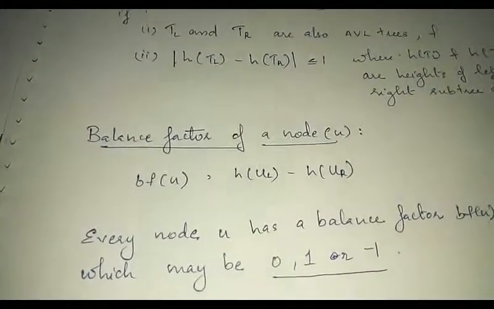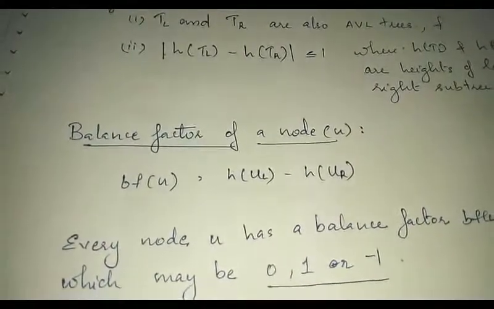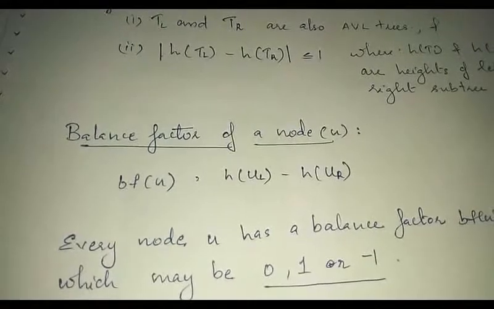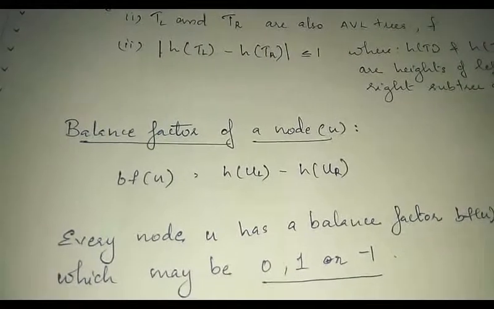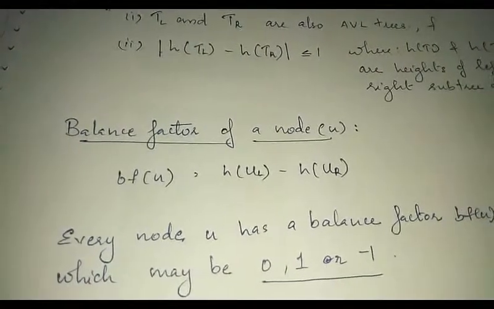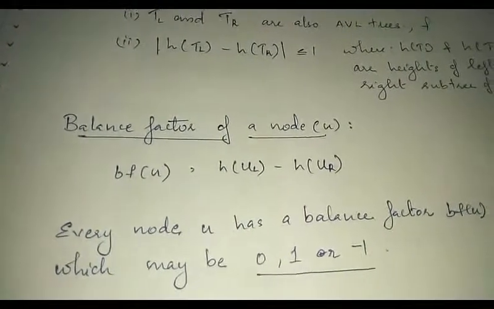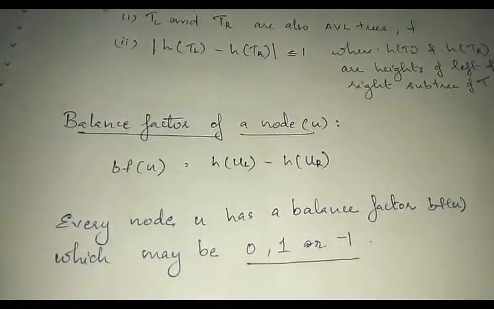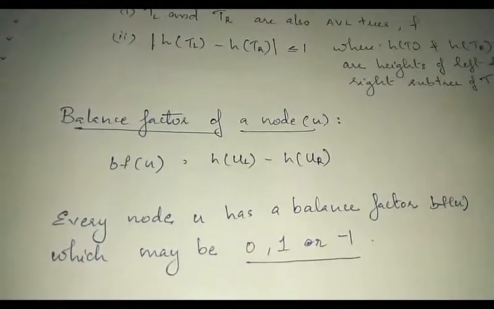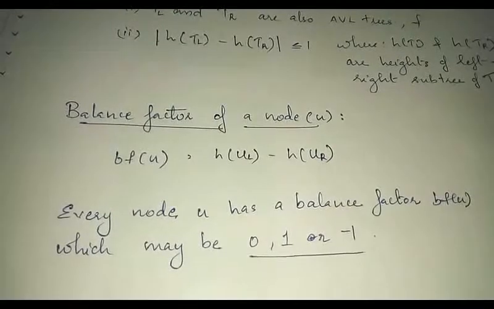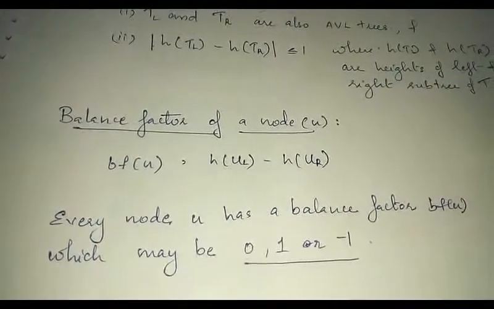This is the formula to calculate it: the balancing factor of a node U is equal to the height of the left subtree of U minus the height of the right subtree of U. The value of the balancing factor of each node should be any of these three values, that is, it should be either 0, 1 or minus 1. Only then you can say that the tree is a balanced tree.